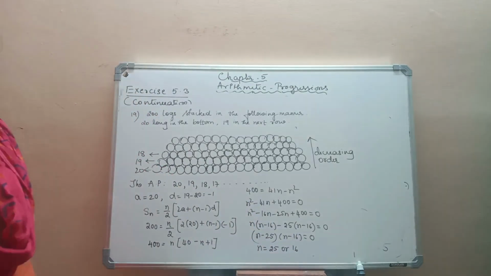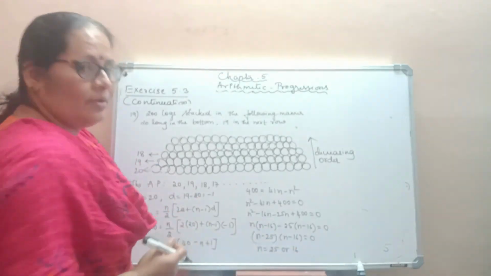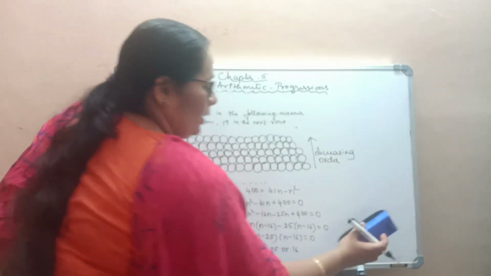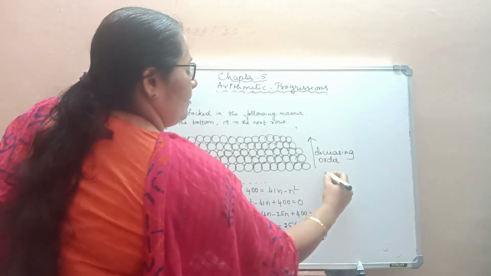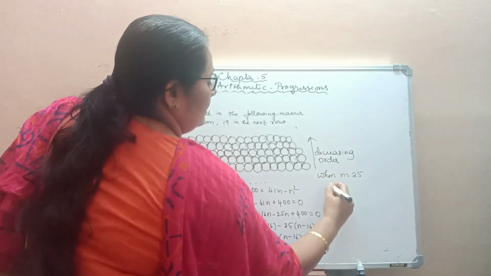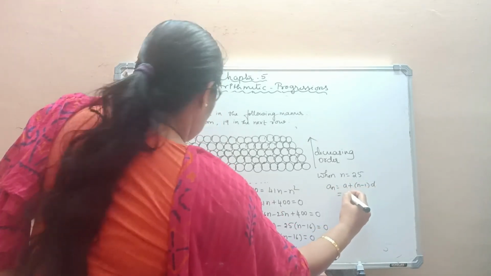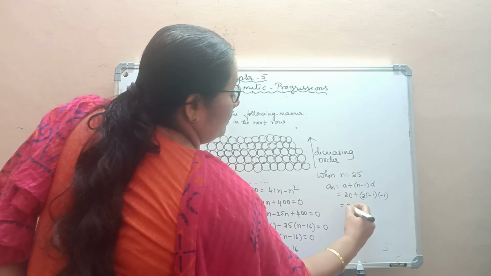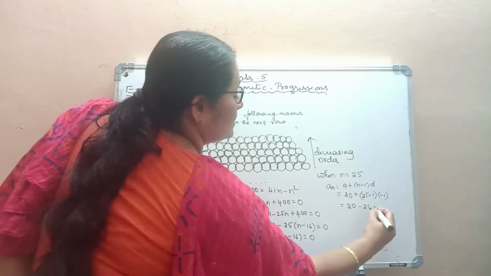So you got two possibilities here: n is 25 or n is 16. But both are not possible. Let us see why. When n is 25, an equals a plus n minus 1 into d, that is 20 plus 25 minus 1 into the difference minus 1. 25 minus 1 is 24, into minus 1 is minus 24, which gives minus 4.